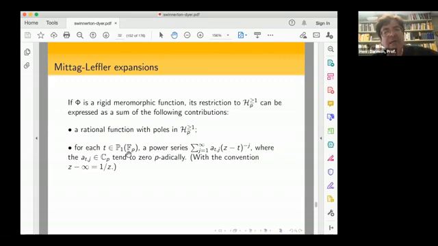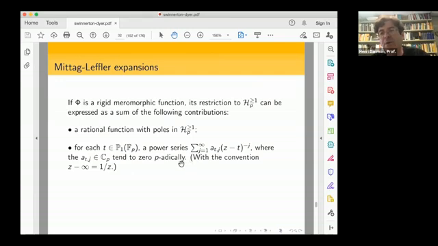So really what we need is a power series for each t in P1 of F_p. These correspond to the centers, so to speak, of the residue disks that I've deleted to define H_p greater than 1. And for each of these centers, I give myself some kind of power series in some variable, which is the inverse of z minus this center. And these coefficients are pretty much free, except that they have to tend to 0 p-adically.